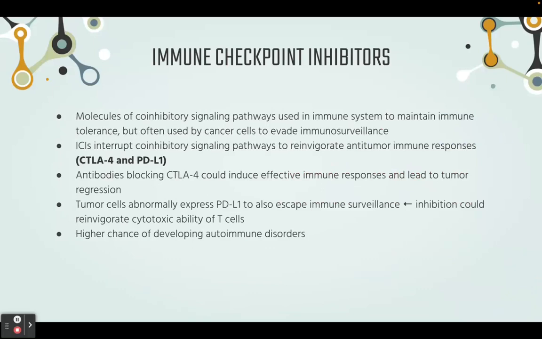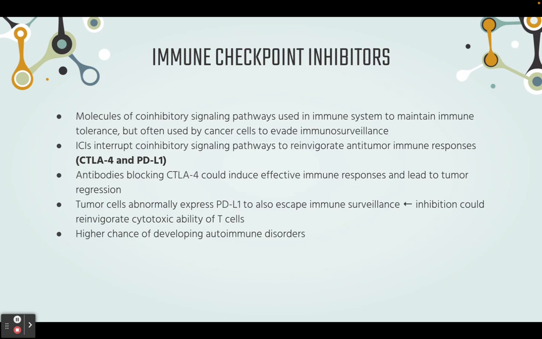Okay, and then there's also immune checkpoint inhibitors. So we covered how the T cell response is regulated by inhibitors to maintain immune tolerance, but those inhibitors with cancer cells are usually used to evade immunosurveillance.